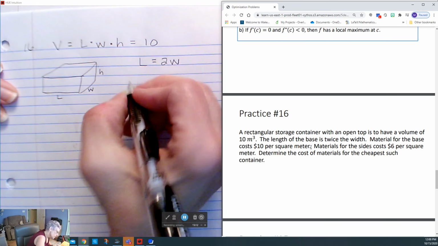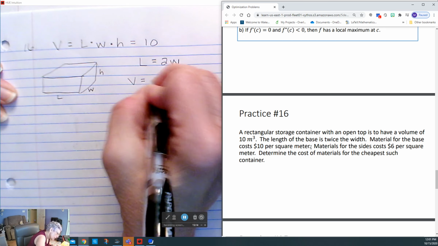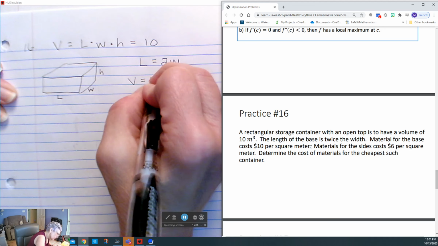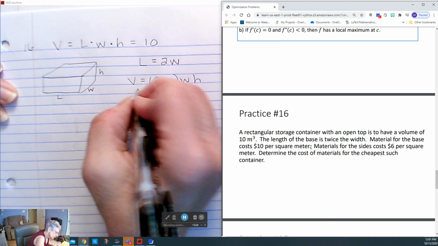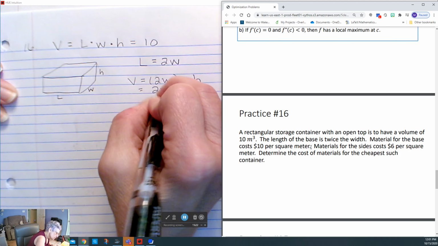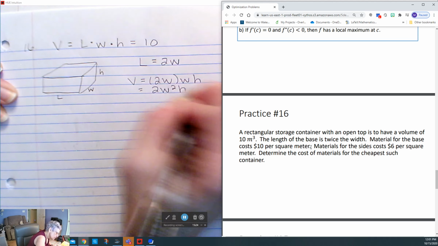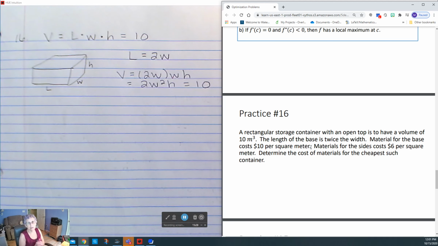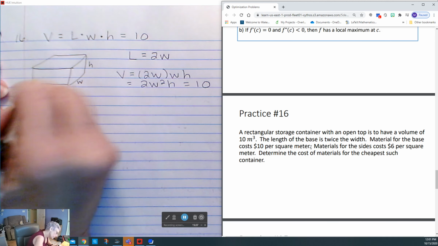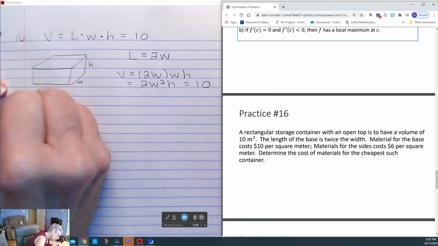Since L is equal to 2W, that means I can replace that L with 2W times W times H, which is 2W squared times H, has to be equal to 10. Okay, getting better. Now I'm down to two variables. I need a cost function because my goal, my objective, is to minimize cost.